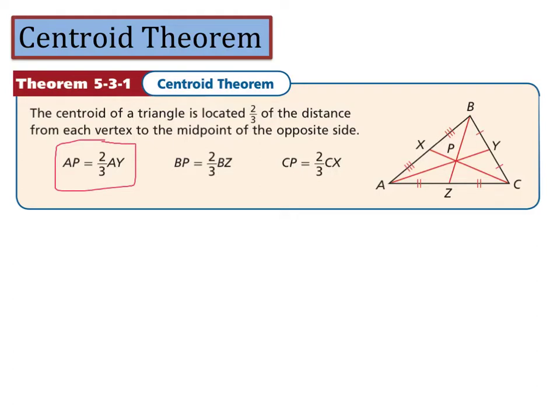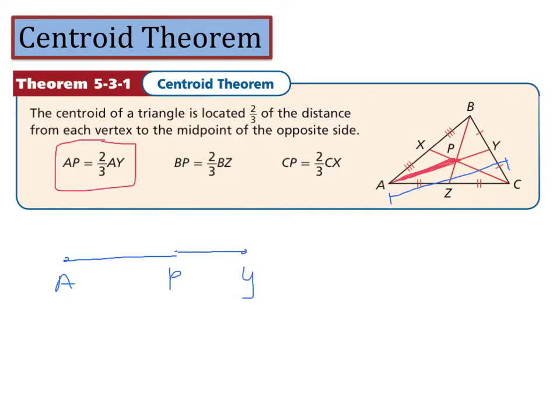What this is saying is that this length of AP is 2/3 of the entire segment AY. Let me just draw these out here, say this is AP, and then extend it a little bit and say this is Y.